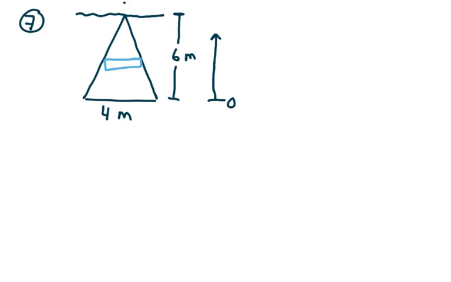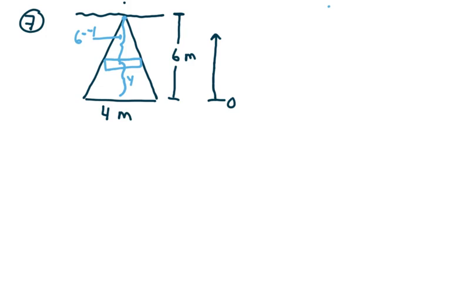Okay. Now, the distance from that rectangle to the base is y. So the distance from the top of the triangle down to this rectangle turns out to be 6 minus y. So I'm going to set up a similar triangle here.